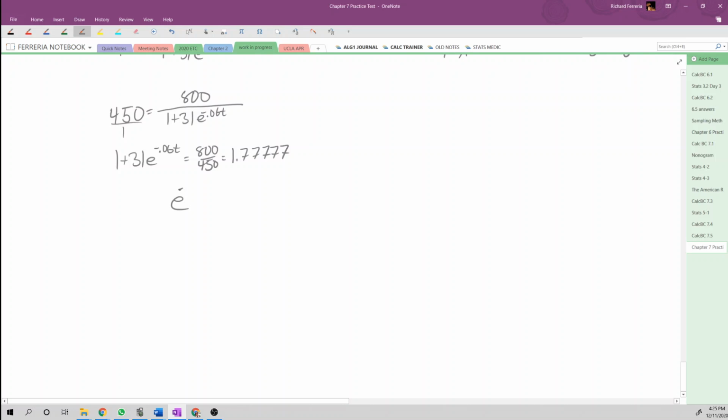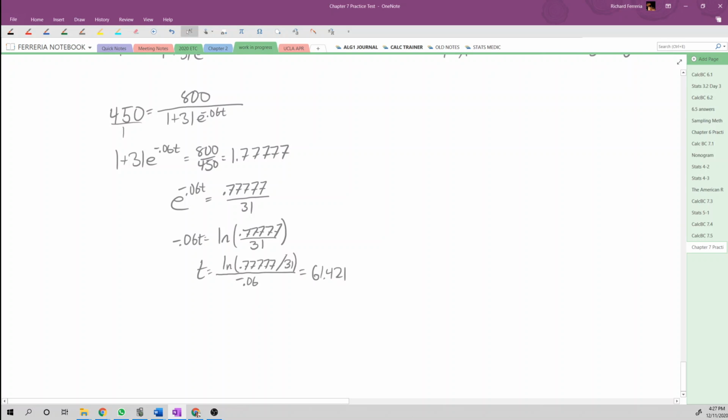We're going to subtract 1 from both sides and then divide by 31. So we'll get e to the negative 0.06 t is equal to 0.77777 over 31. Using natural logs, negative 0.06 t is equal to the natural log of this 0.77777 over 31, which means t is equal to that same natural log over negative 0.06.